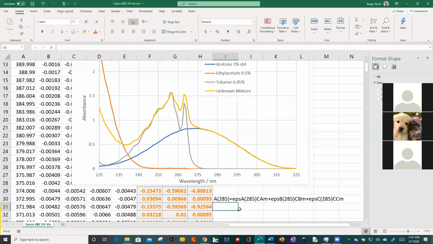So A at 285 is equal to this plus 0 plus 0, because at 285, B, which I'm using for toluene, is 0, and C for ethyl acetate is also 0.